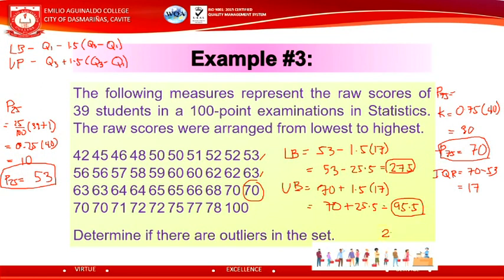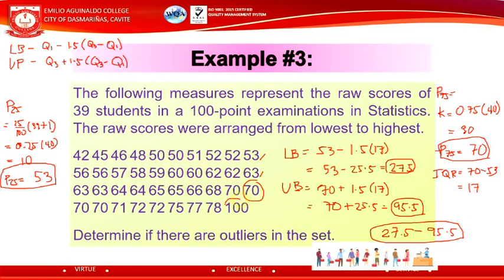It must lie between 27.5 to 95.5. So the values that go beyond this will be considered as outliers. As you can see here in our problem, we don't see values that fall below 27.5. But we have seen a value that is greater than 95.5, and that is 100.